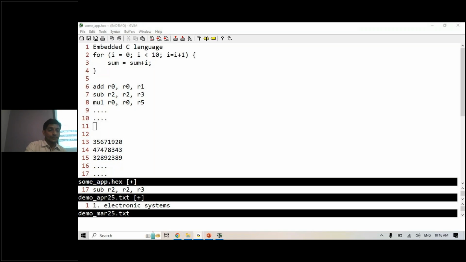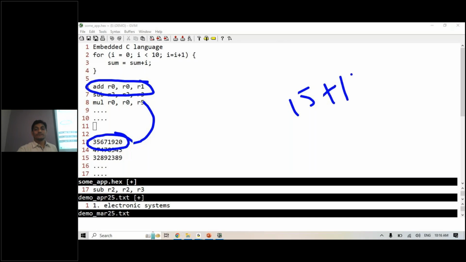Once this is fetched, what is the next step? Decode. Decoding means understanding what it actually is. Then execute means what? Like I will ask you, what is 15 plus 7? 12. 27.